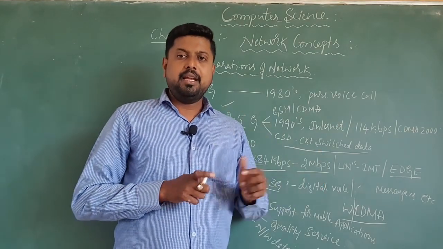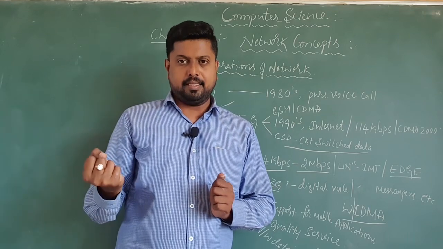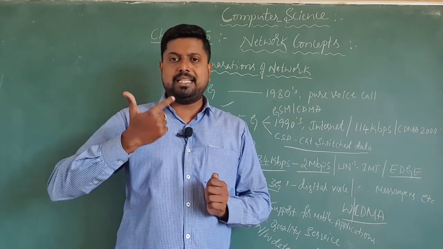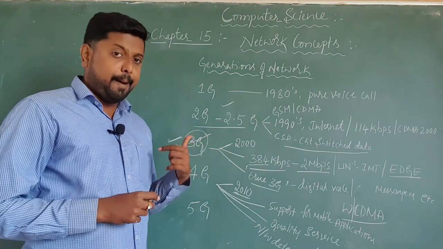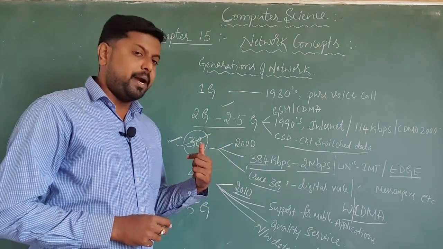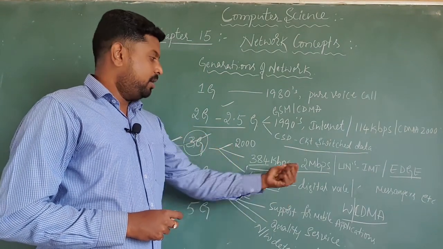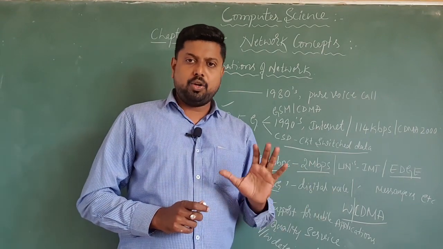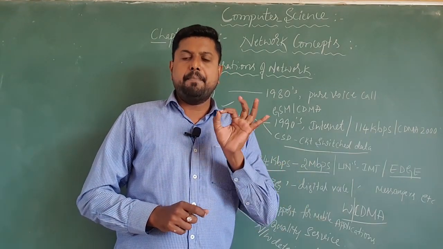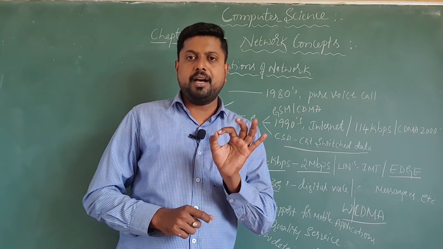For some areas, the network speed will decrease based on its area and environment. So from 384 kbps to 2 Mbps is the maximum capacity of the 3G network, dear students.